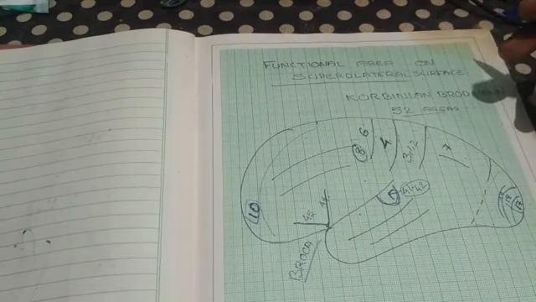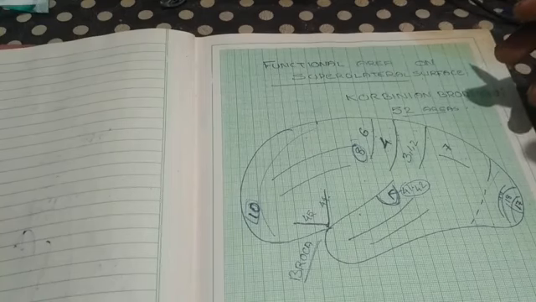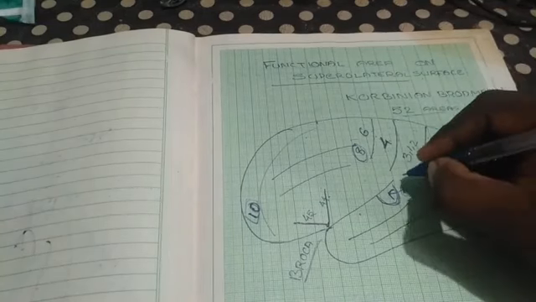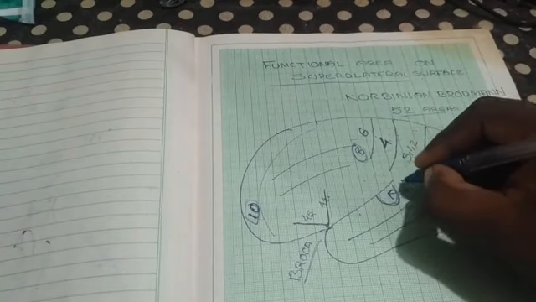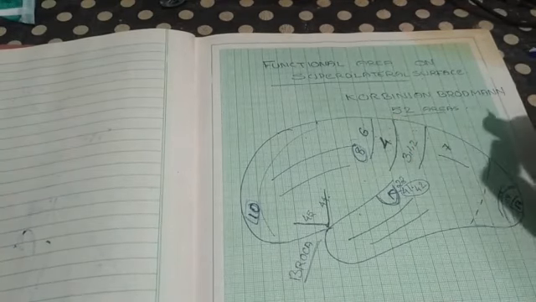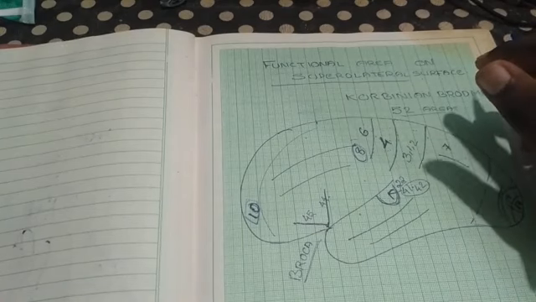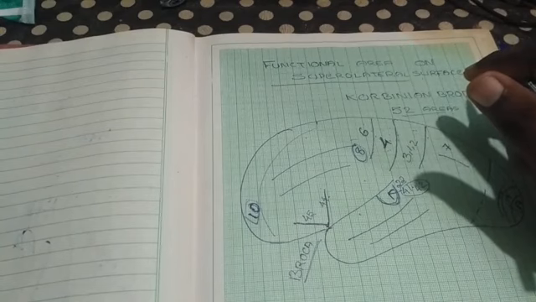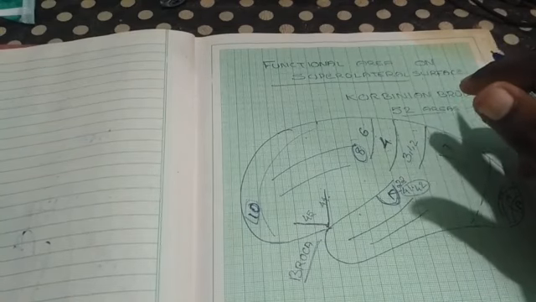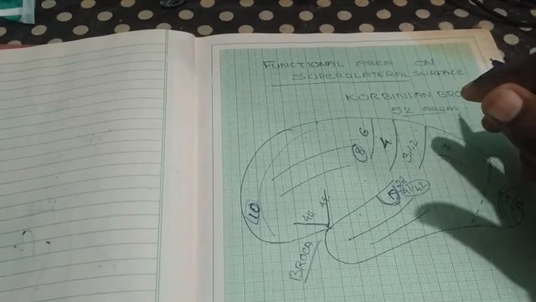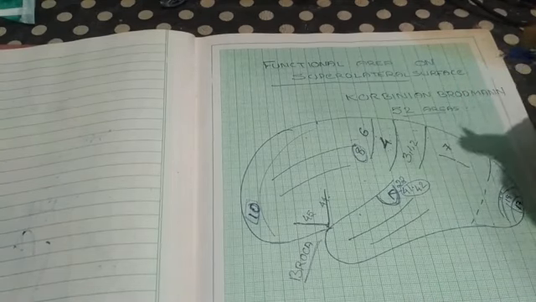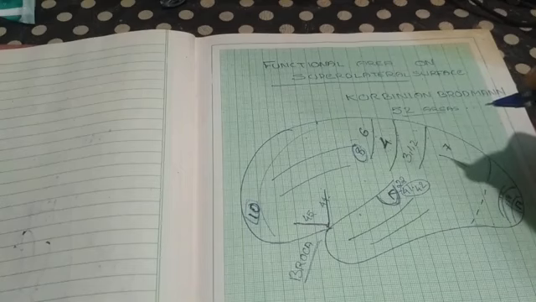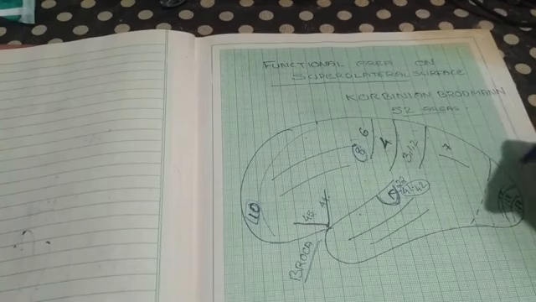Then area number 22, which is present close to the auditory area, is otherwise called the audito-psychic area. The function of this area is correlation of auditory impulses with past memory or past experience, and identification of sounds we have already heard.